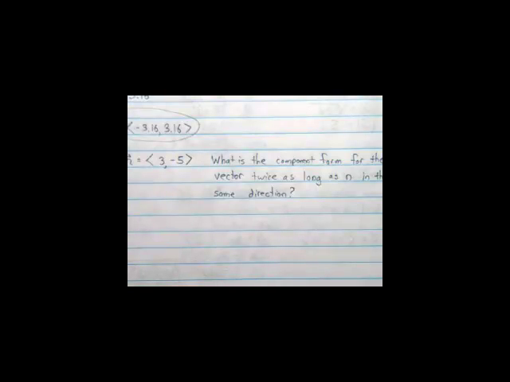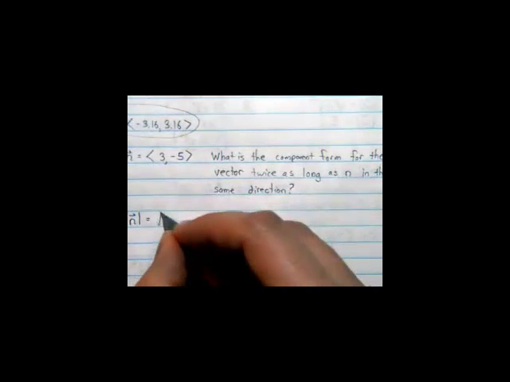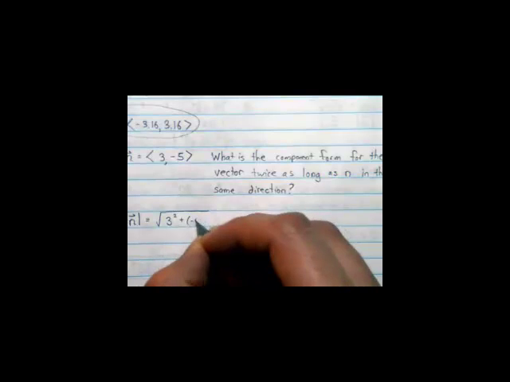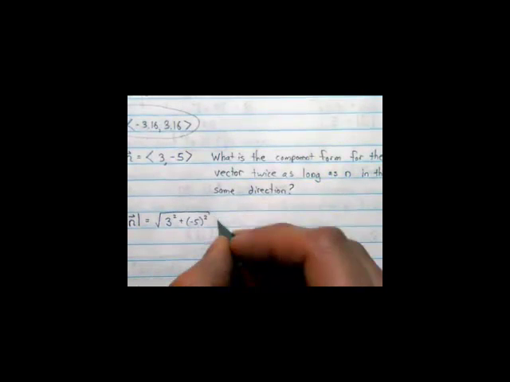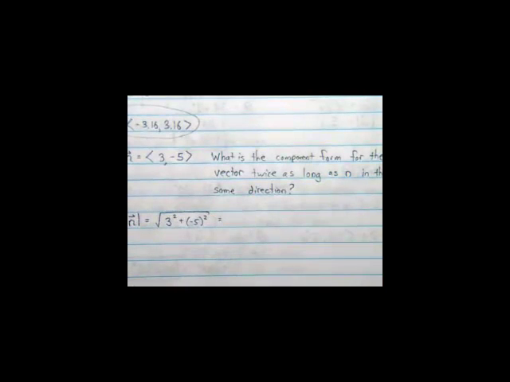All right, so if I'm going to make a vector twice as long as n, first of all, I need to figure out what's the magnitude of n and then double that, okay? So let's find the magnitude of n. So the square root of 3 squared plus -5 squared. So that gives us, what do we got exactly here?